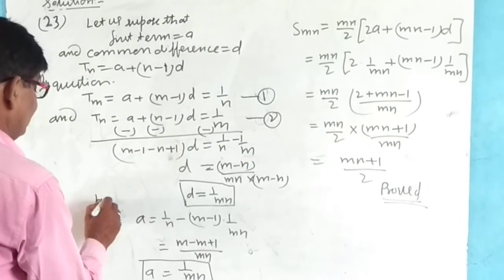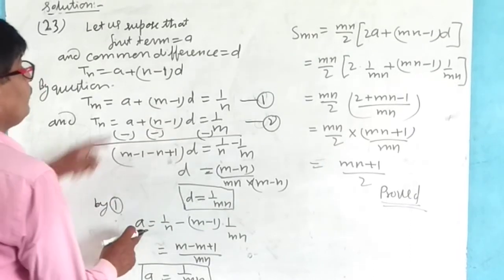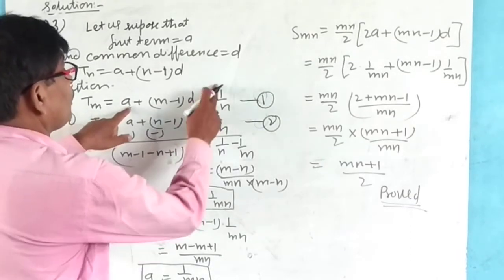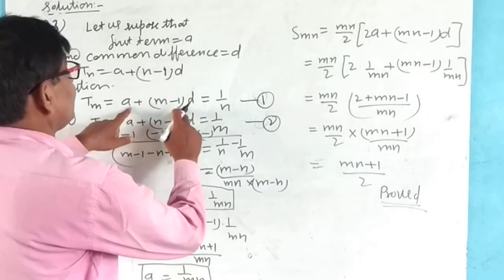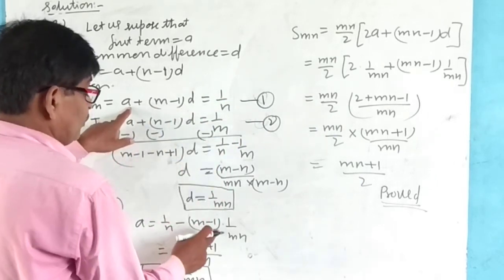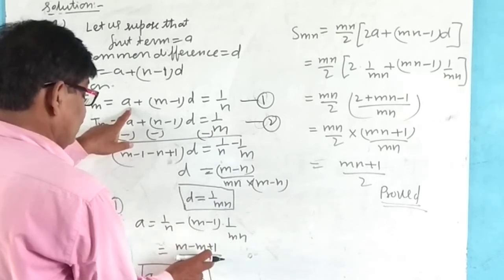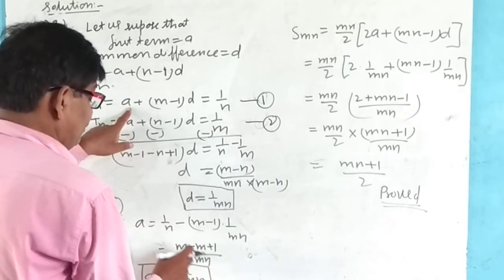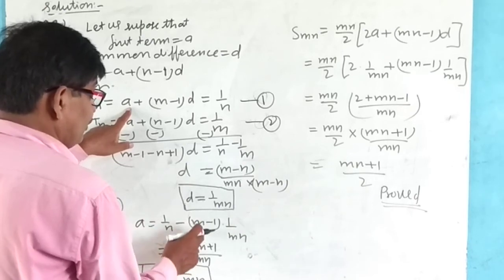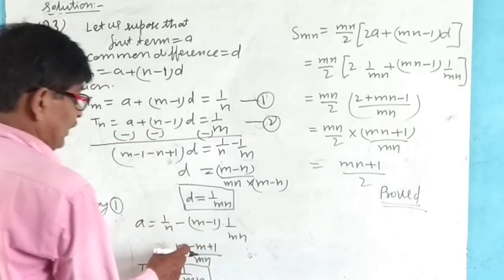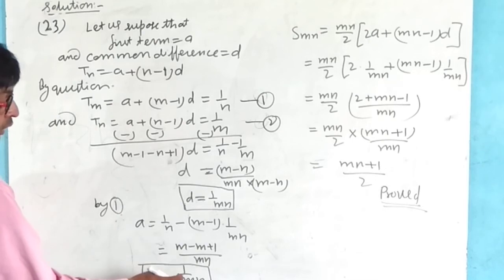Then by the first relation, a equal to 1/n minus (m - 1) into d, where d is equal to 1/mn, so that 1/n - (m - 1)/mn, this cancels, a equal to 1/mn.